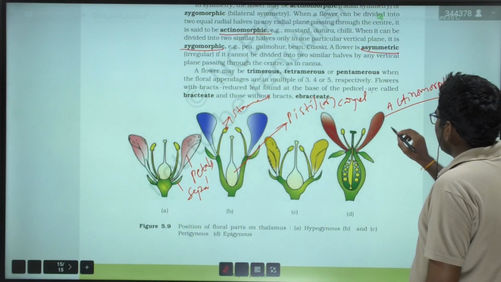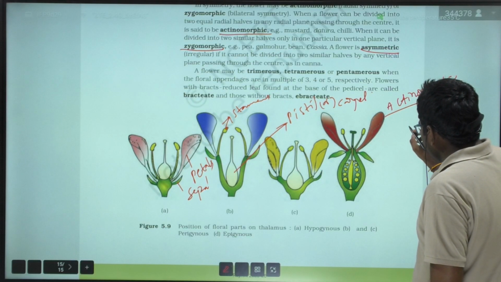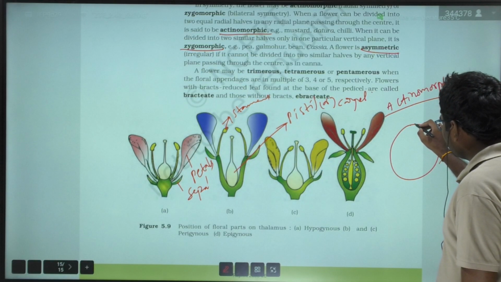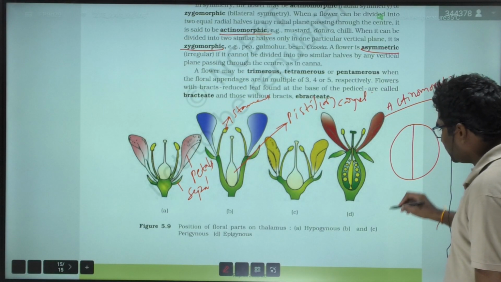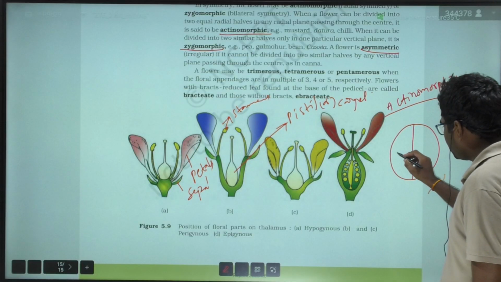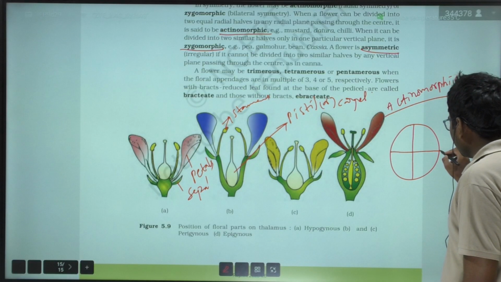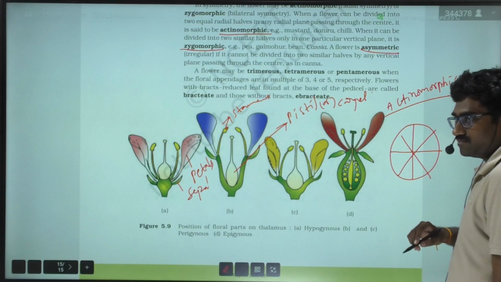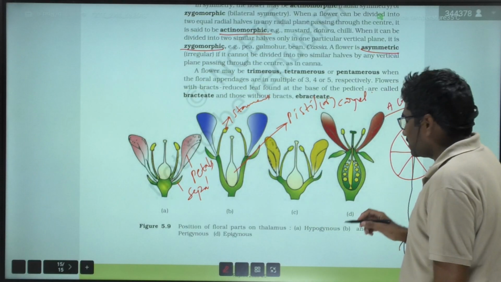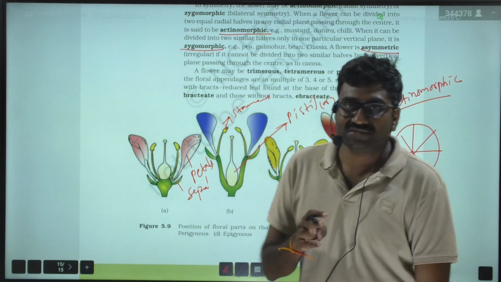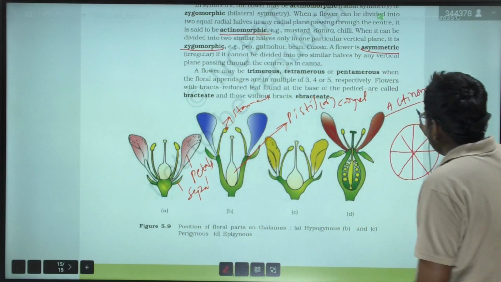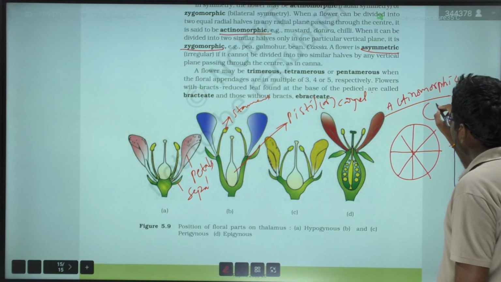So, actinomorphic symmetry. This is a flower. A flower that can be cut into two equal halves in any radial plane is known as actinomorphic symmetry, that is called the actinomorphic flower, and the symbol represented is this.